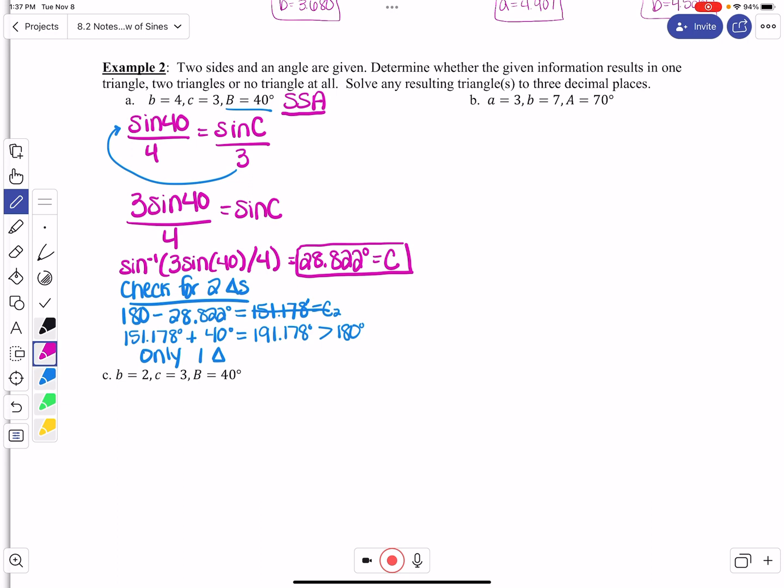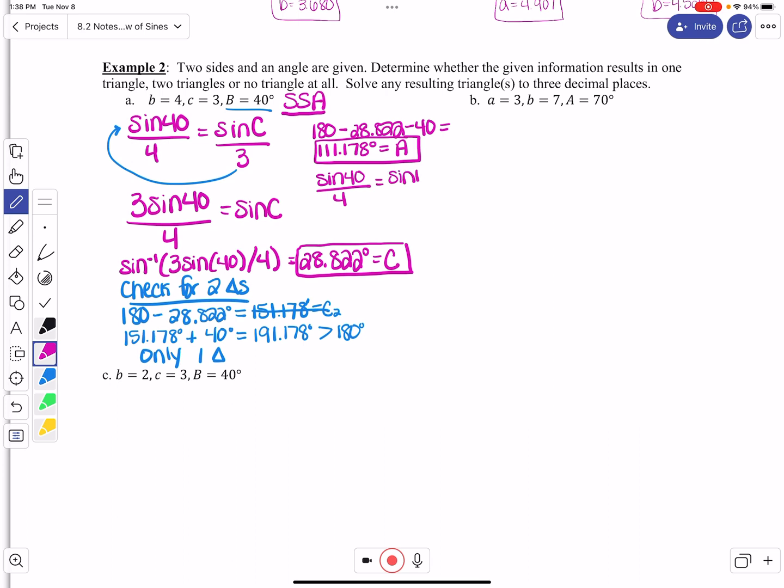So I'm going to go up here, and I'm going to finish, and I'm just going to do 180 minus the 28.822 minus my original 40, and I'll get 111.178 degrees. And so that's going to be angle A. And now I have to find side A. So I go back and I use that sine of 40 over 4.